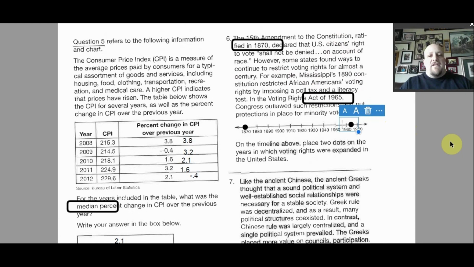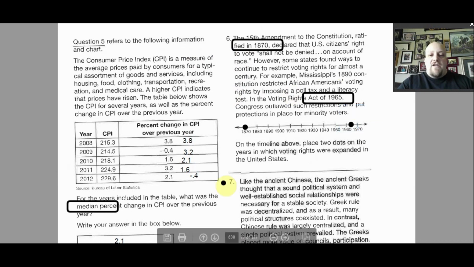So sometimes it helps to read it a couple times if you can, speed read through it a little bit, or read it once and then skim it again and look for the important dates. It's always good to read this and then read the question too to see what they're asking you, to make sure that you're looking for the right thing.